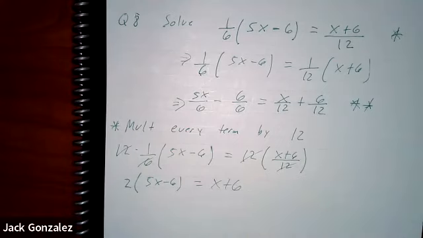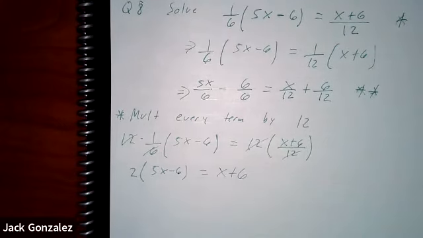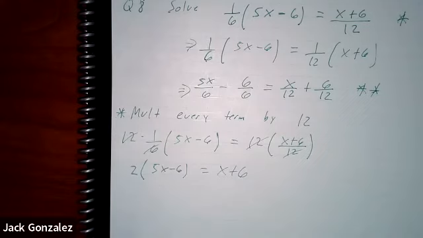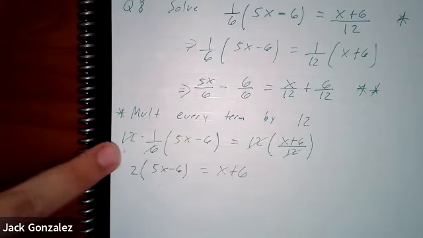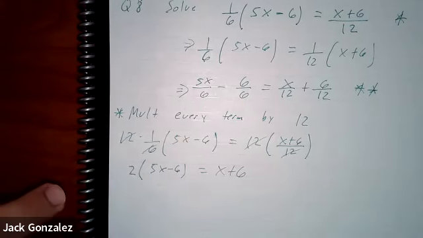Is that okay with everyone? What should we do next? Would it be 6 after, or is that only multiplying this part first, 6 plus x or x plus 6?